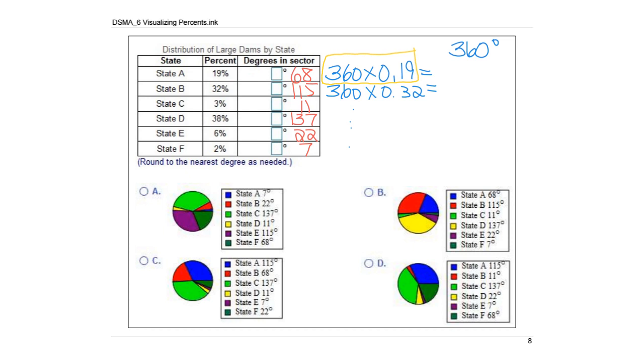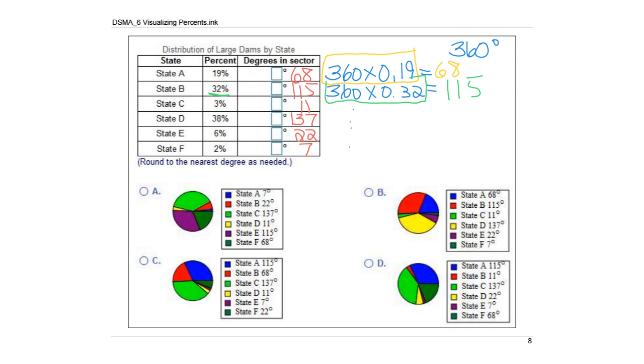And of course I changed my percent to a decimal. That's going to give me 68. We're going to round to a whole number. Then I'm going to take 360 times 0.32 because that's state B. That's going to give me 115 and so on. So all the way down, I took 360 degrees times the percent.